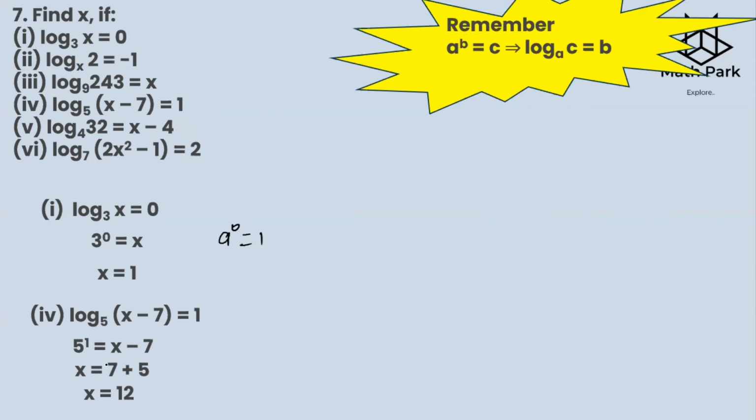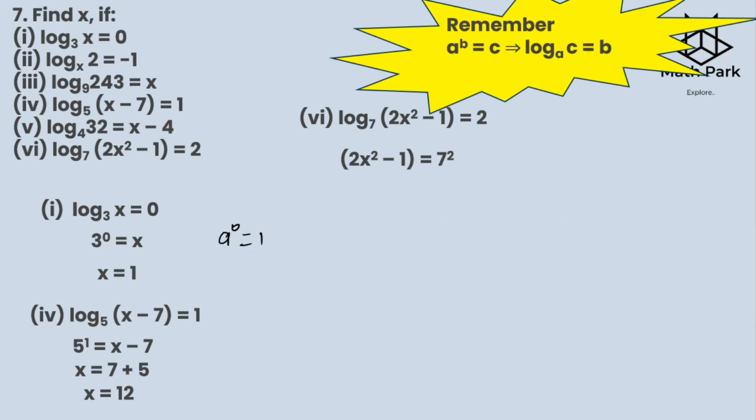One more let us solve, and then the questions are similar. They are easy, children. You need to solve yourself. So solving the last one of this, log of 2x square minus 1 to the base 7 equals 2. Writing in the exponential form, you get 7 to the power 2 is equal to 2x square minus 1.